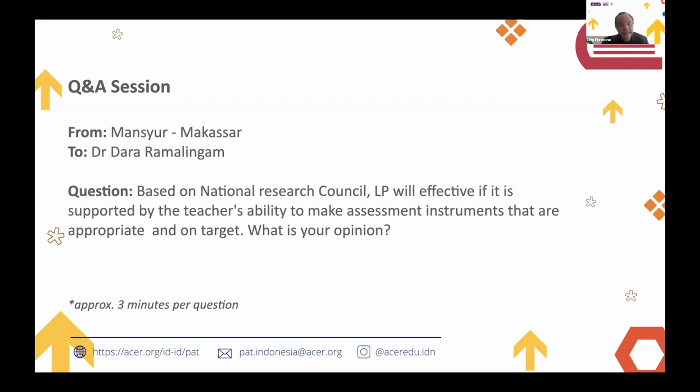Maybe the next question from Mansur, Makassar, to Dr. Ramalingam. Based on the National Research Council, learning progression will be effective if it is supported by teachers' ability to make assessment instruments that are appropriate and on target. What is your opinion? Yeah, this is a really interesting question. Thank you for the question.